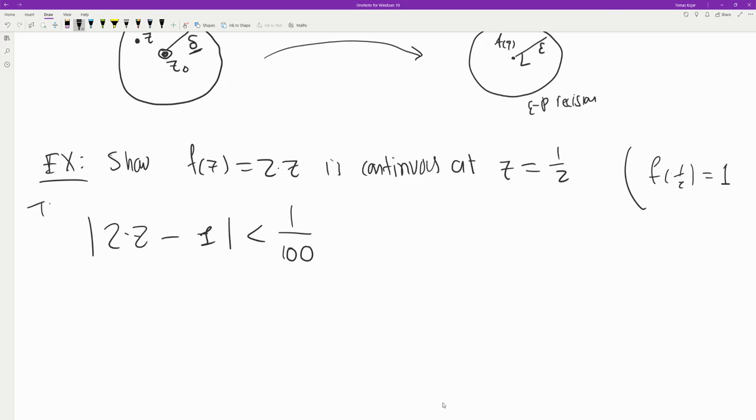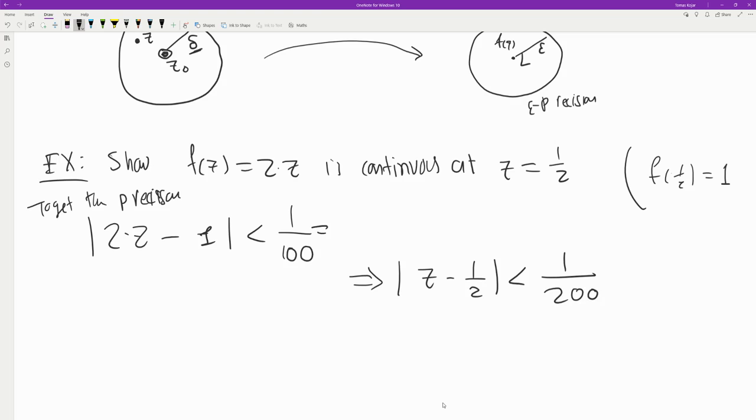So to get this precision, what do we require? Well, let's see. So if you move around the 2, we require this as our delta, 1/200.